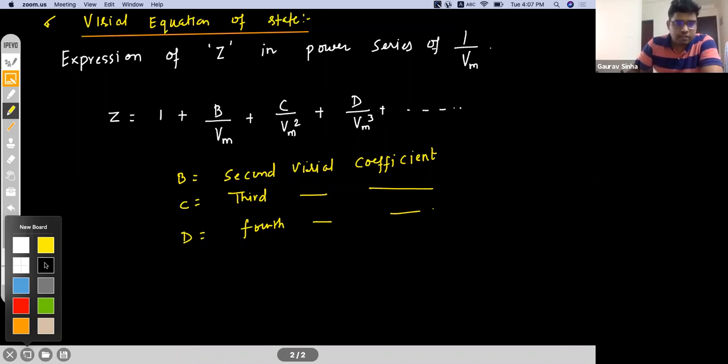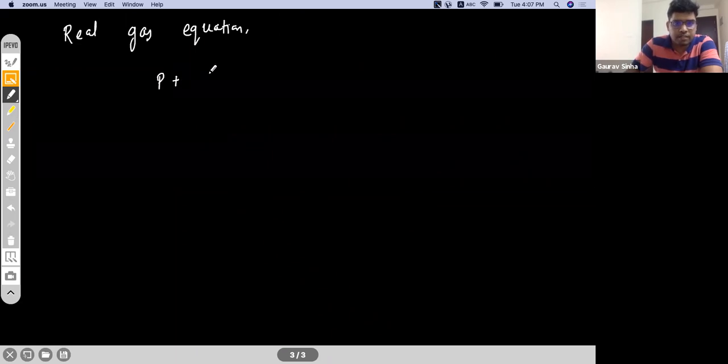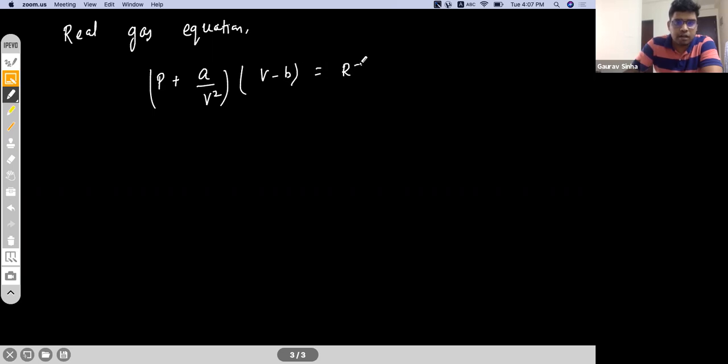So let's see first the real gas equation. What is the real gas equation we have? Real gas equation is nothing but the van der Waals equation, which is P plus A by V square into V minus B is equals to RT, and I am taking n is equals to 1 here, for 1 mole.